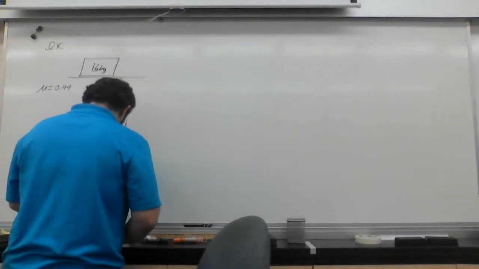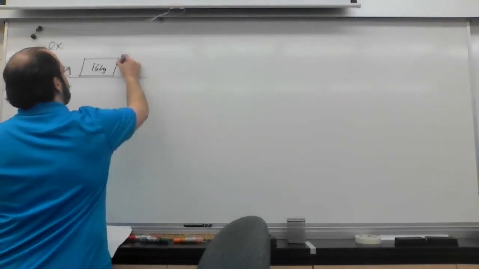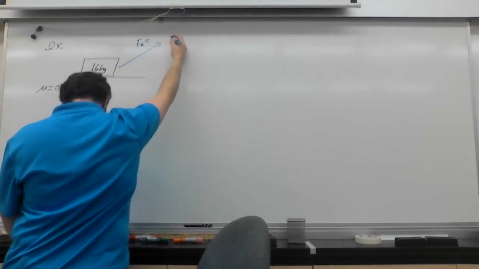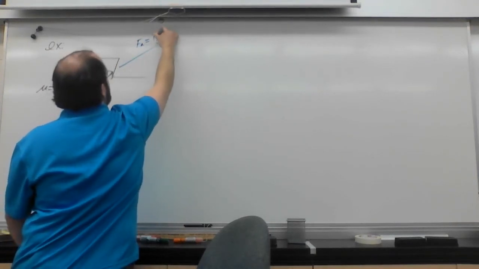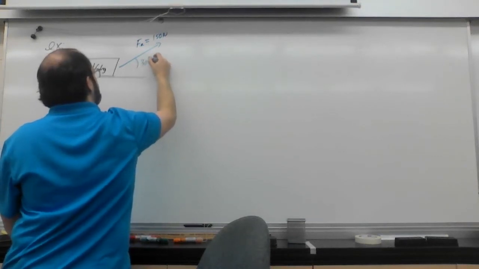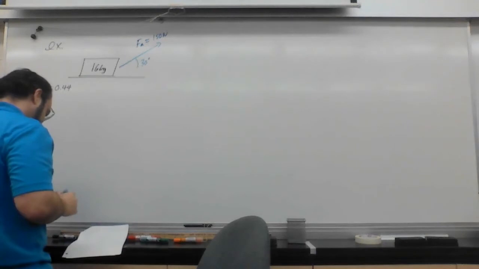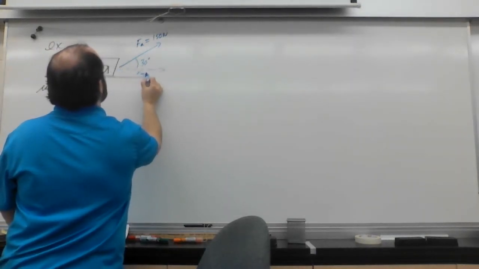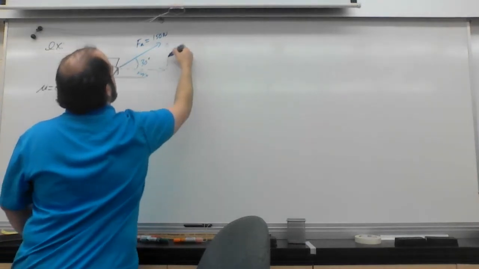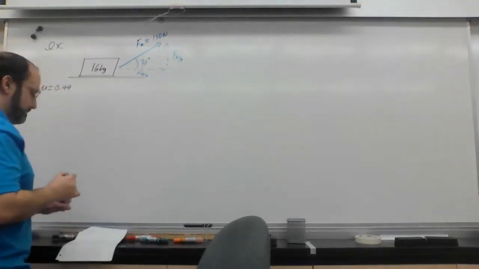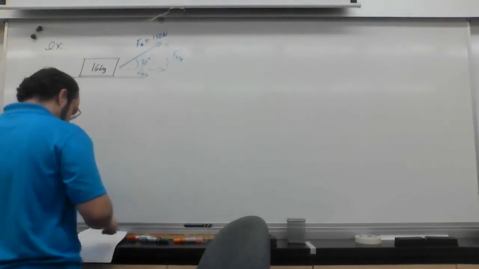Then we're going to have a force applied up at an angle, and it says this force applied is 150 newtons, and the angle here is 30 degrees. Now, that means it's going to be an FAX and an FAY. But that we'll get to later.